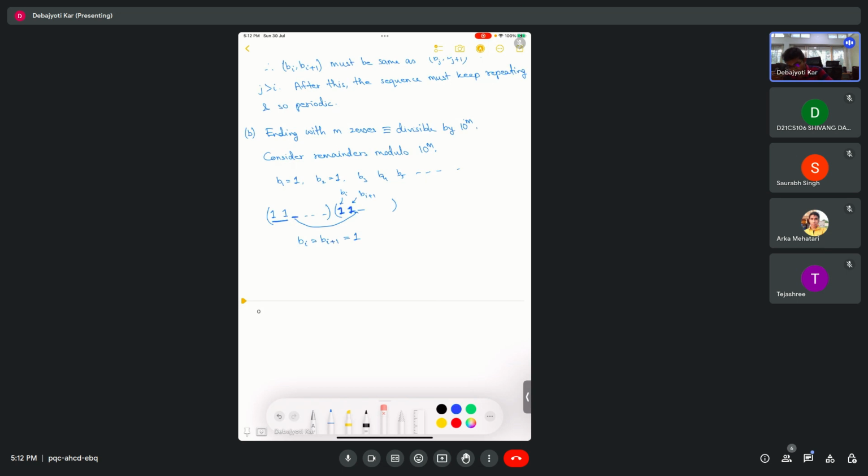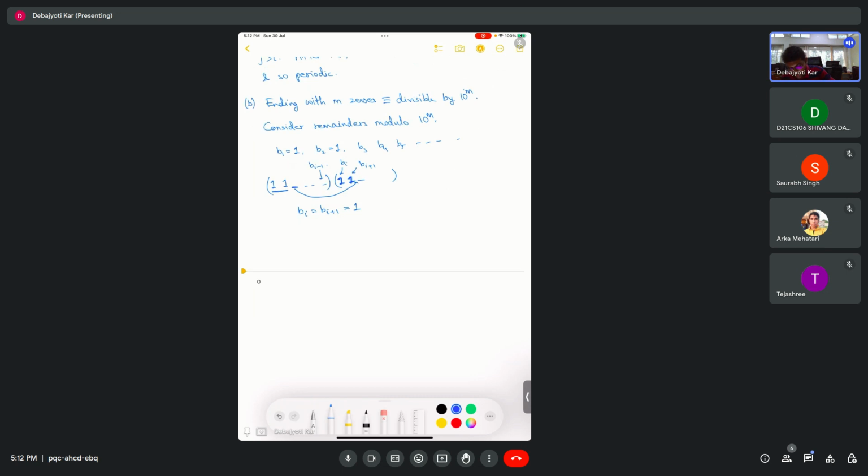But then what can we say about bi minus 1? What is ai minus 1? By definition it is ai plus 1 minus ai, because ai plus 1 is the sum of ai and ai minus 1.